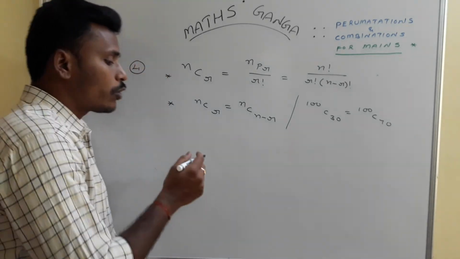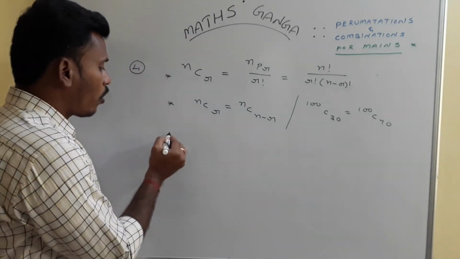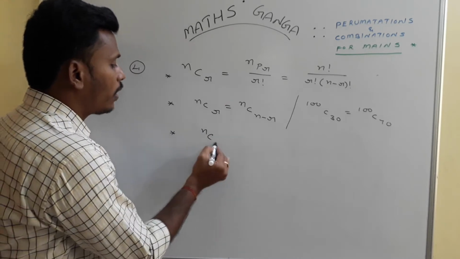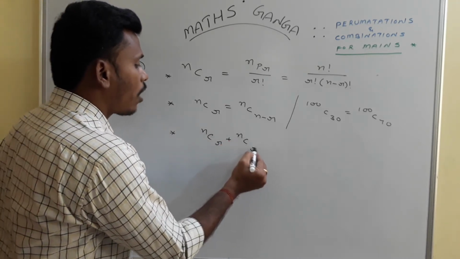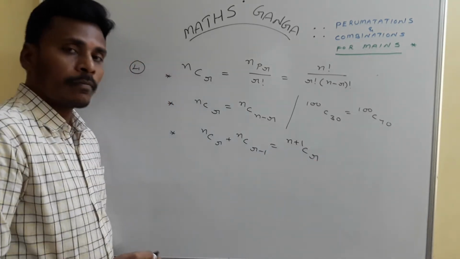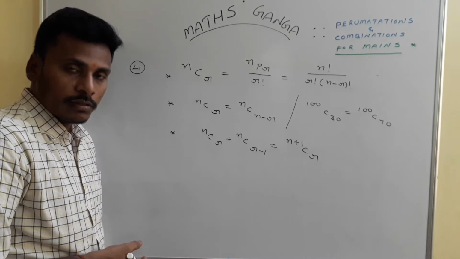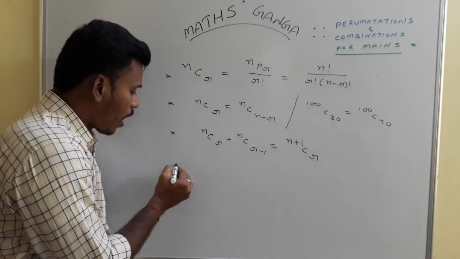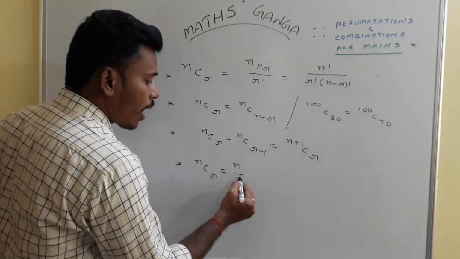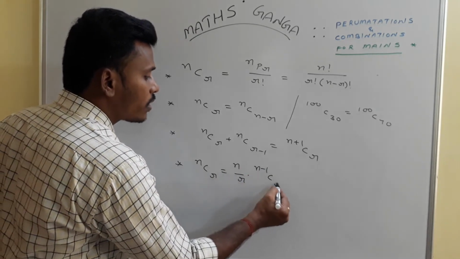So NCR is equal to NC(N minus R) is one logic based on NCR, and another one is NCR plus NC(R minus 1) is equal to (N plus 1)CR. Another algebraic relation on NCR. And one more thing is NCR is equal to N by R of (N minus 1)C(R minus 1).